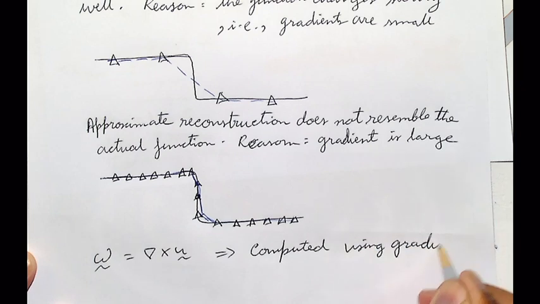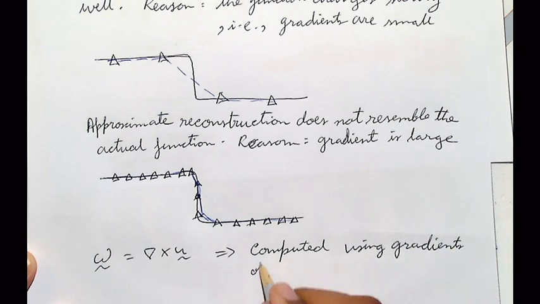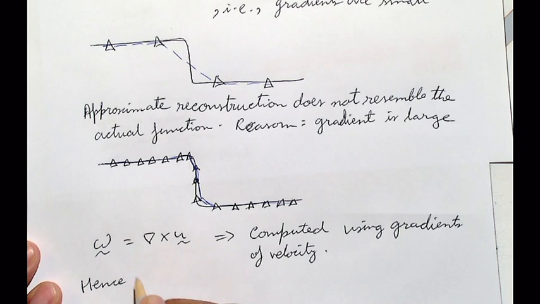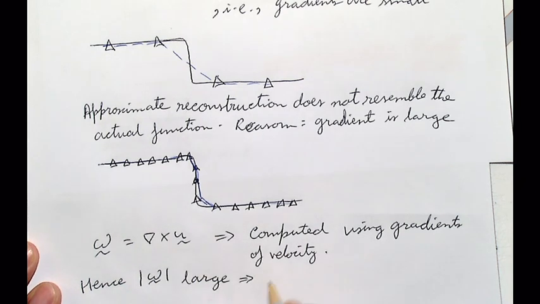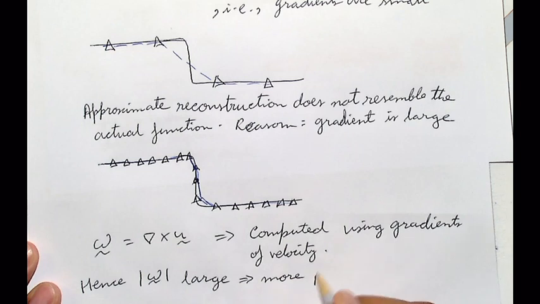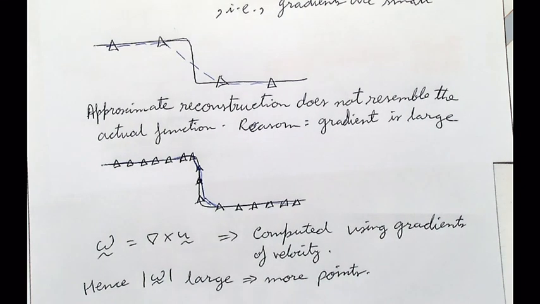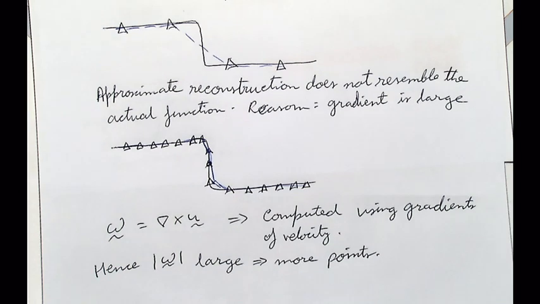Gradients of velocity, and hence omega large implies we should use more points. Okay. And as you mentioned, this is not the case with U large. U large might just be uniform. You only care about changes in space and in time.